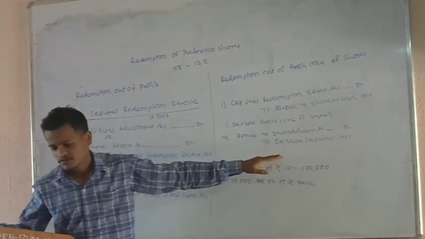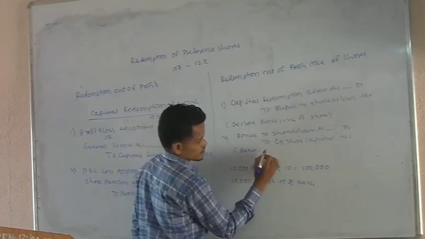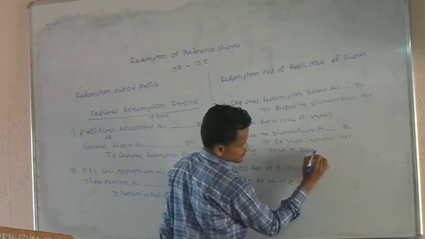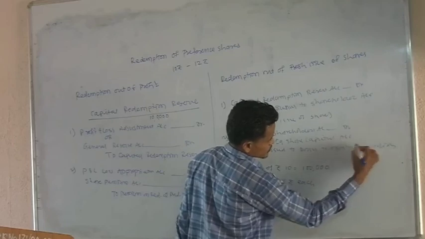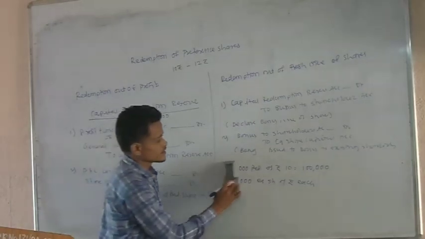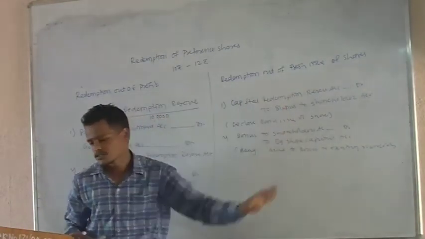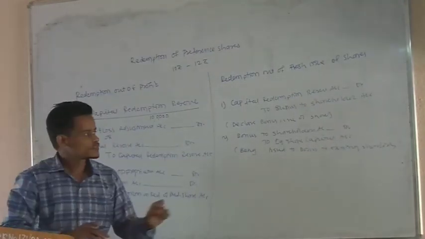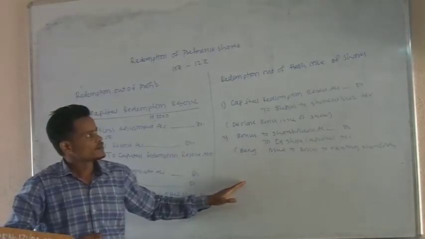Narration is: issue of bonus shares to existing shareholders. So these are the two entries which are made in the books of accounts when there is a redemption of preference shares out of fresh issue of shares. So this is the procedure which is followed while redeeming the preference shares.